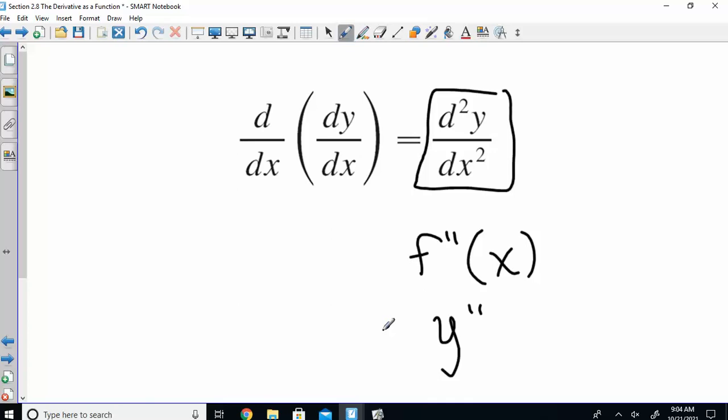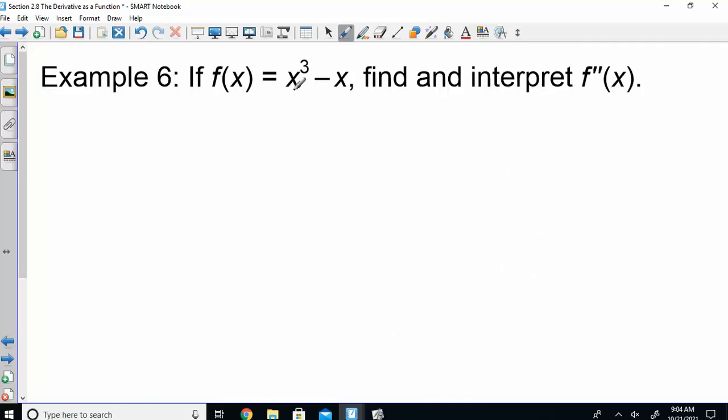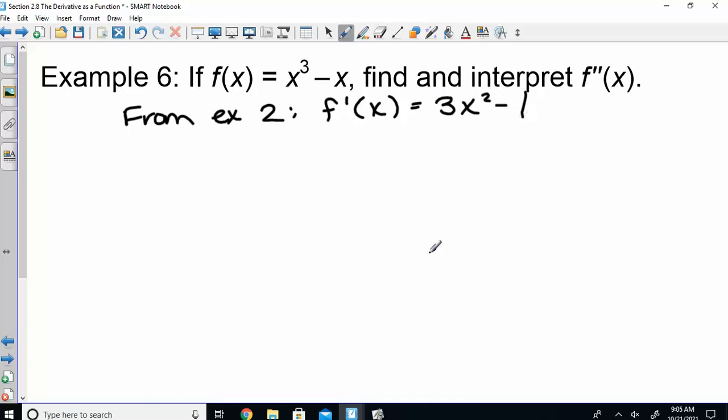So yesterday, looking back to example 2, we did the derivative of x cubed minus x. So from yesterday, in example 2, what did we get for our derivative? I believe it was 3x squared minus 1.